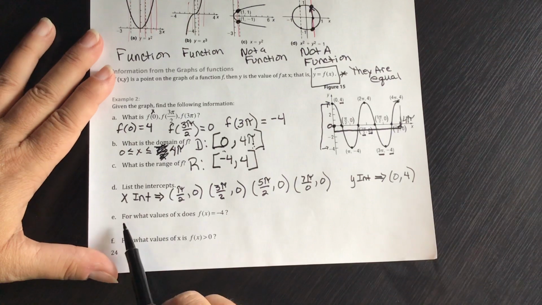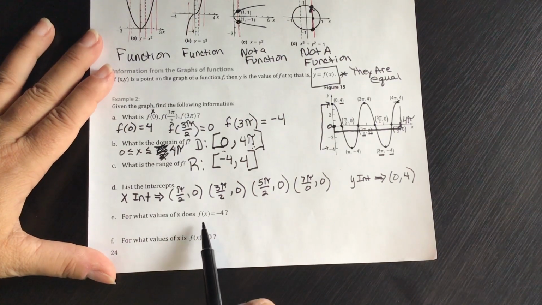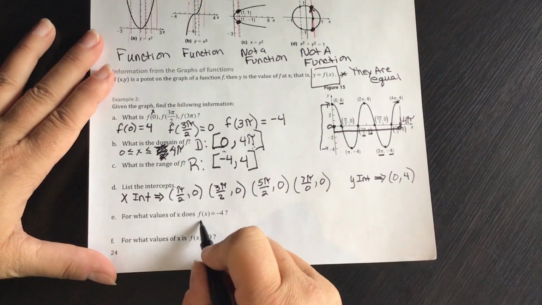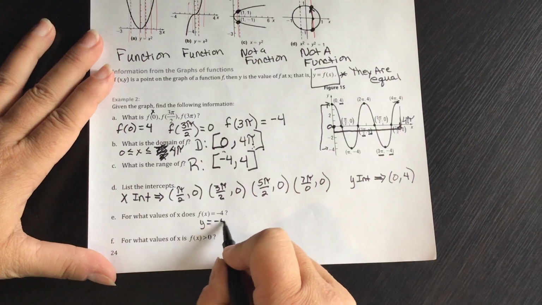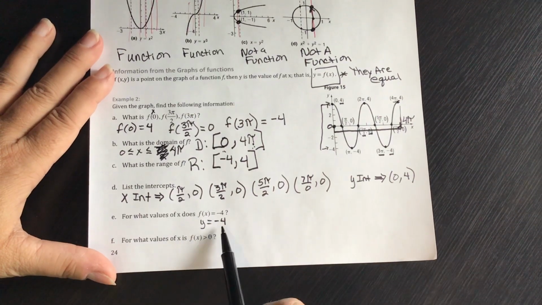So part E asks us, for what values of x does f of x equal -4? Now remember, f of x is just y. So I want to know where on my graph y equals -4.